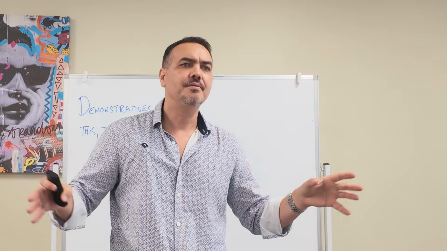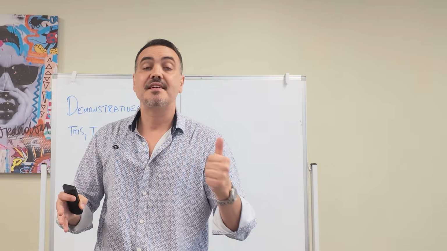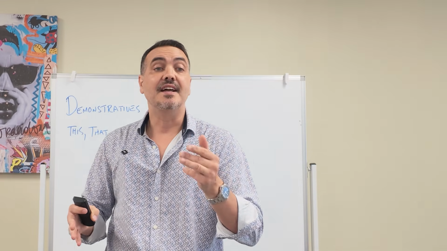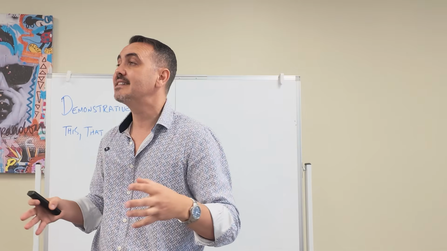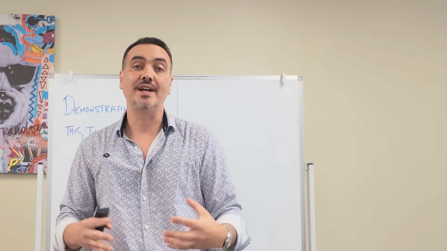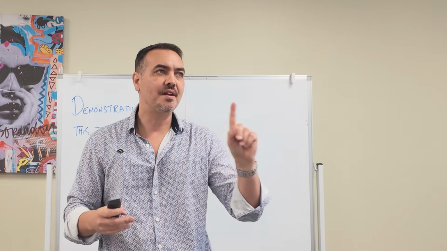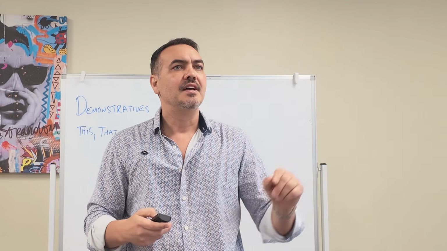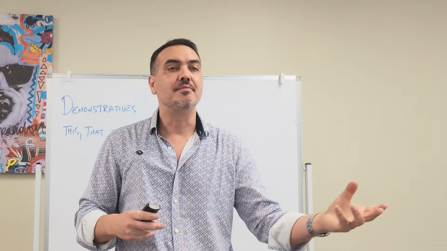So just to review, today you learned about demonstratives. This, that, these, and those. And a demonstrative shows which person, place, thing, or idea we are talking about. You want to use this for one thing that's near you. You want to use that for one thing that is far from you.